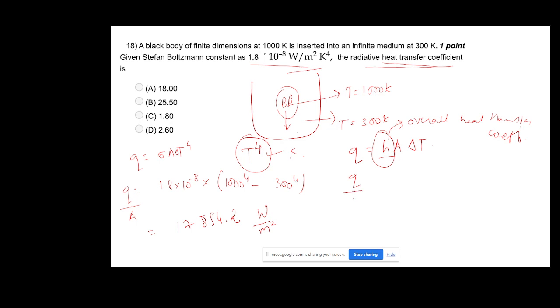Now you have the value Q by A, which was obtained from this equation, because due to this much temperature gradient, the transfer of heat will be majorly because of radiation. So Q by A you know, and you know delta T, so Q by A is H into delta T, and you will be able to calculate H. H is Q by A, 17854.2, divided by delta T, which is 1000 minus 300.